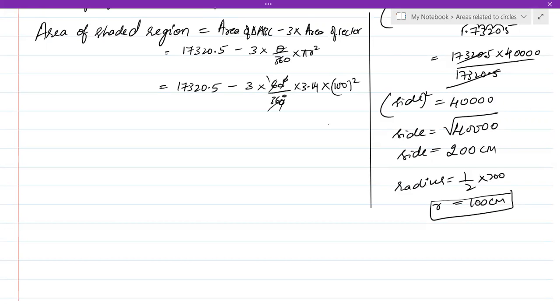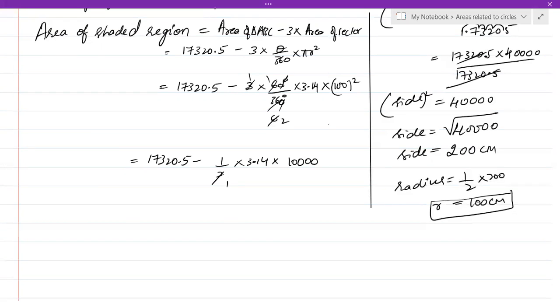Here 0 gets cancelled. 6 ones are 6, 6 threes are... so we are left with 17320.5 minus 1 by 2 into 3.14 into 100 square. That becomes 10,000.